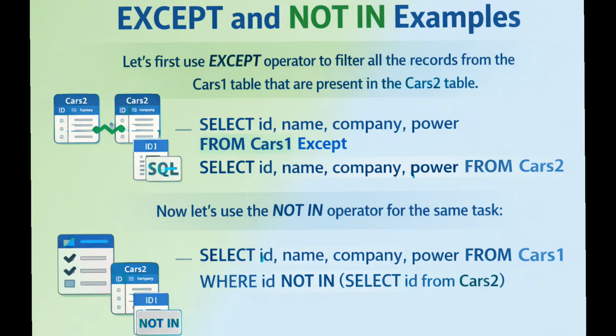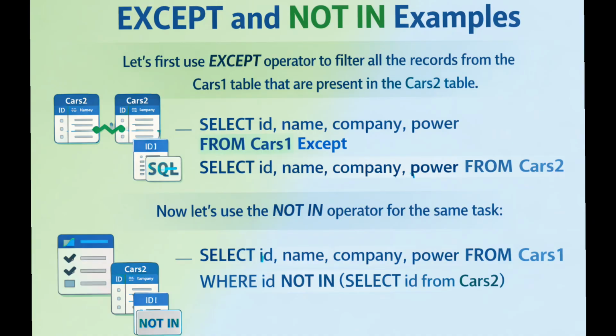Let's understand this with an example. First, we use the except operator. Here, we select ID, name, company, and CARS from CARS 1 and remove all matching records that exist in CARS 2. The result gives us unique rows from CARS 1 that are not present in CARS 2.